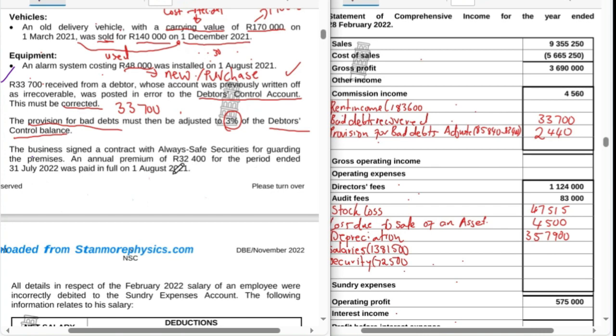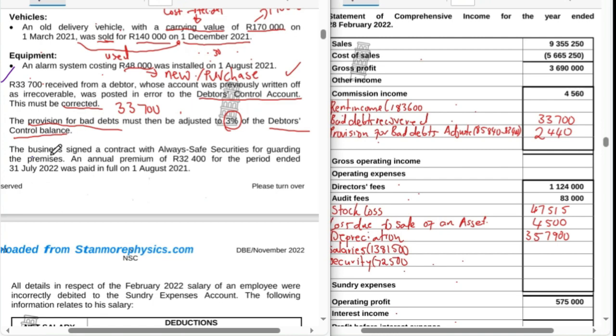An annual premium of 32,400 for the period ended 31 July 2022 was paid in full on August 2021.